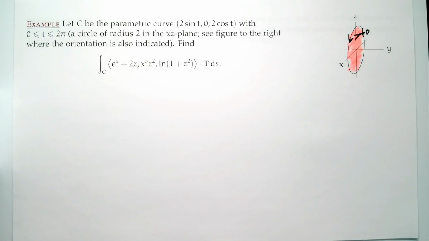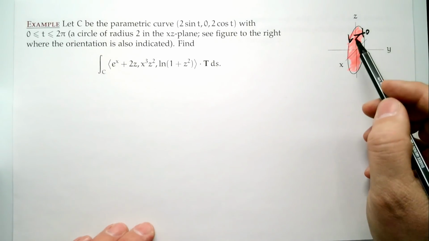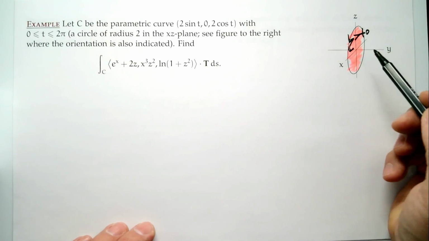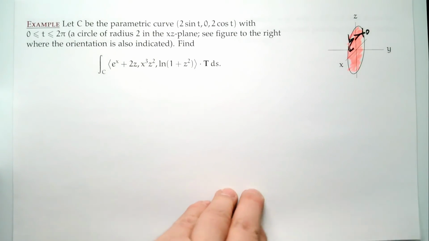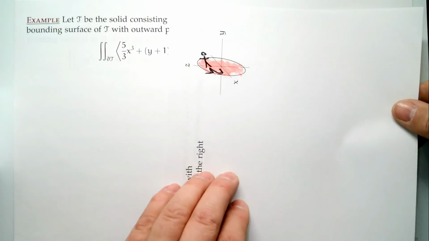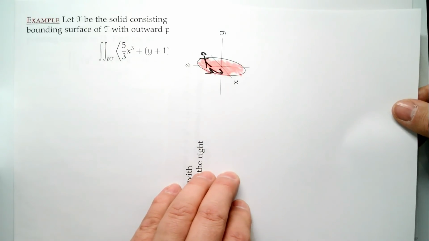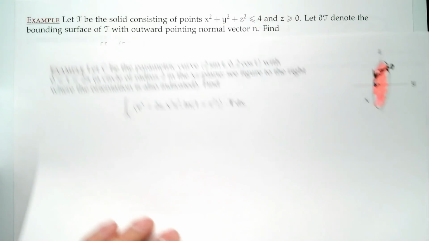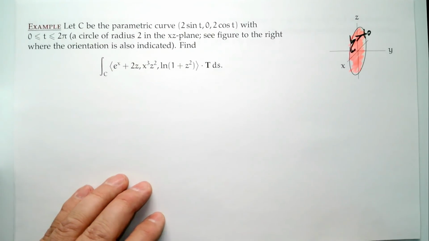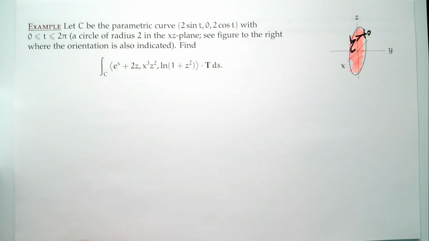Is it on my left-hand side or on my right-hand side? If you're thinking, I can't visualize that, here's a tip: just turn the paper. It's so clear now. I see it. So, is this the correct orientation or not?